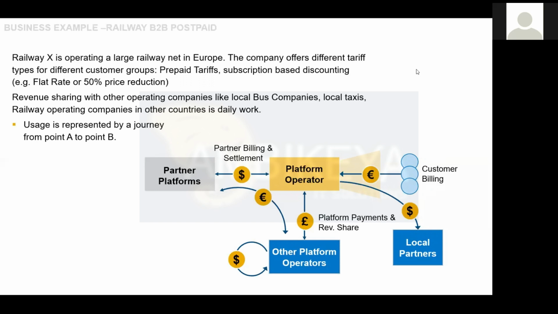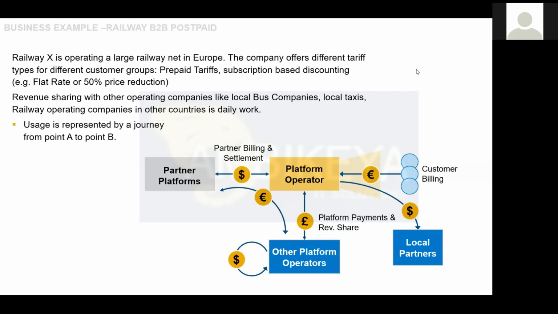countries. This is daily work for the railway industry, that they have revenue sharing between different participating networks. For example, usage is represented by a journey from point A to point B. If you travel from Amsterdam to Zurich, you have a shared constellation where you travel through different countries, and you have to share between different operators.